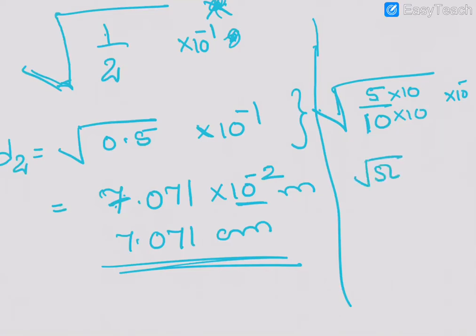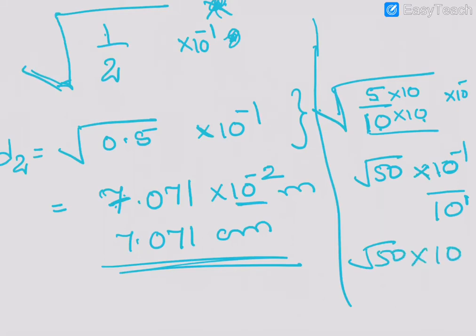So root 50, and here you have 2 tens, and outside you already have 10 raised to minus 1. So from these 2 tens I can take 1 ten outside, right? So you can write root 50 into 10 raised to minus 1, and this will go up as minus 1. So minus 1 minus 1 is minus 2. So you can find root 50 directly from the log table, which comes to 7.071 into 10 raised to minus 2 meter. If I convert to centimeters, I don't need this 10 raised to minus 2.